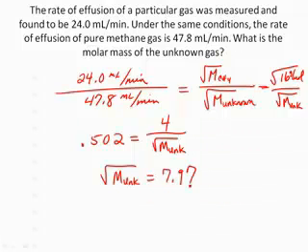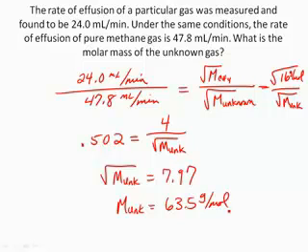And if we square both sides, I get that the mass of my unknown is about 63.5 grams per mole. So that's another use of this: comparing their rates of diffusion or rates of effusion and using that to find the molar mass of an unknown gas.